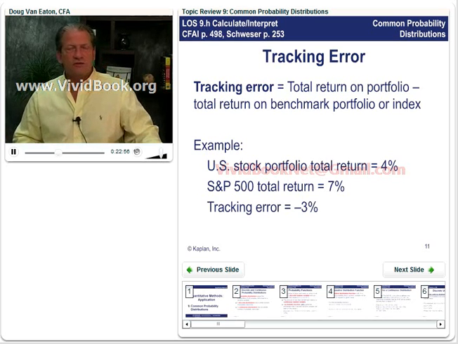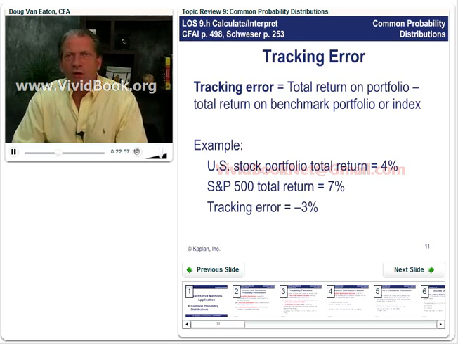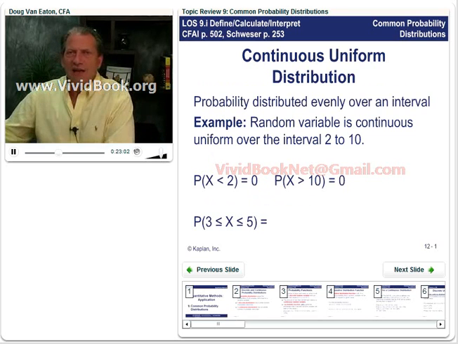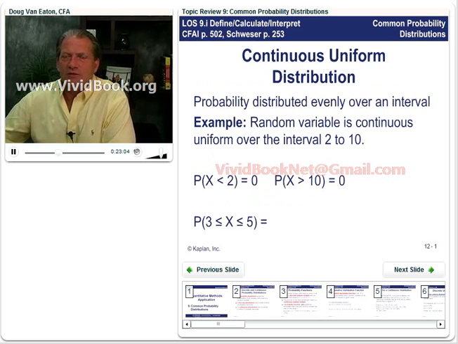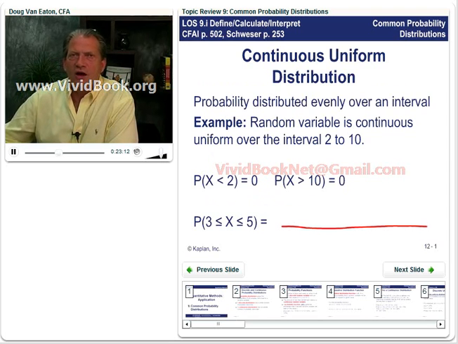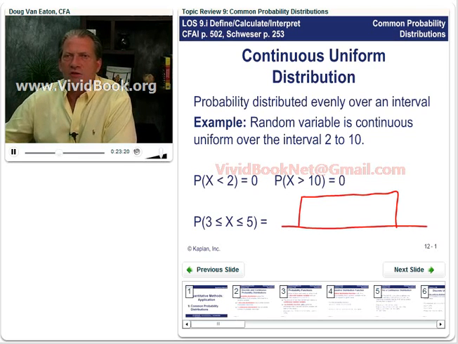Okay, we had the discrete uniform distribution. Now we've got a continuous uniform distribution. And that one's not too bad either, because let me draw something. I know my drawing is not wonderful, but it may help. Think of this box that we draw as 100%. And we've got a variable that's defined, a random variable, 2 to 10.